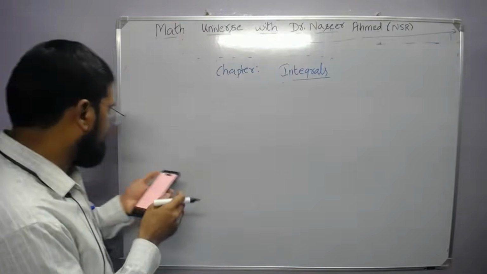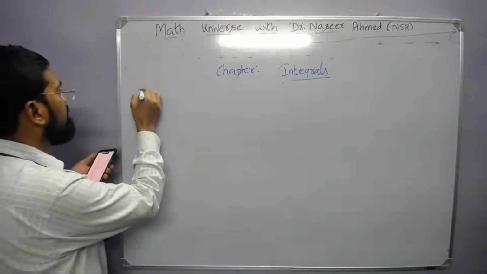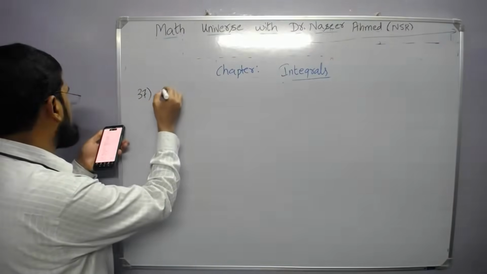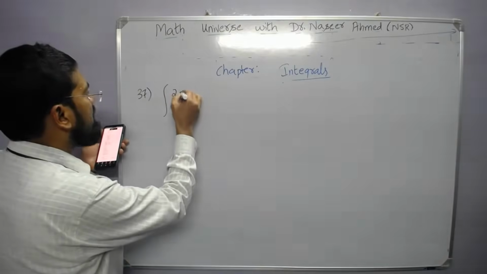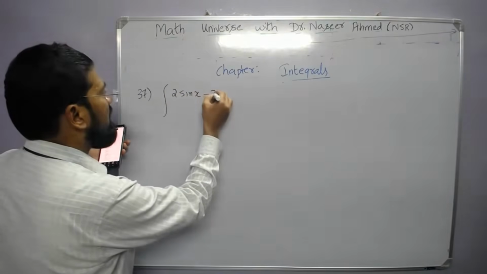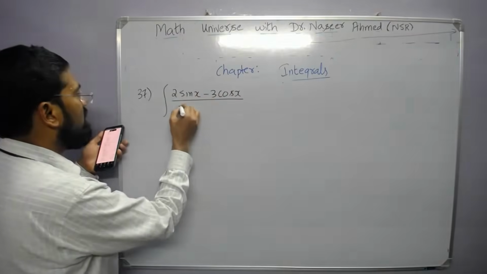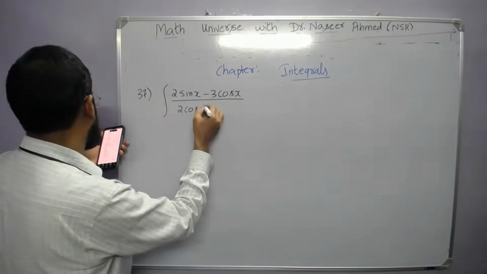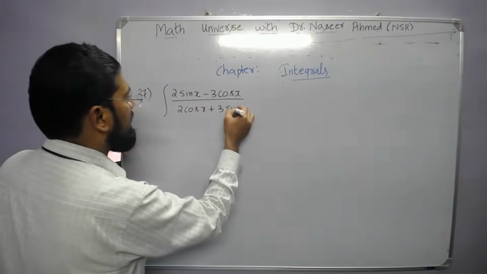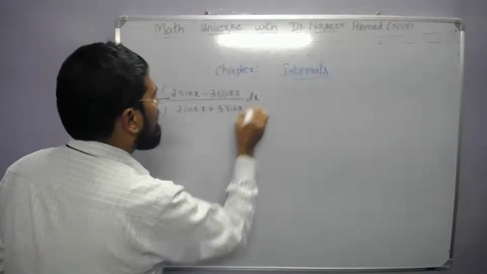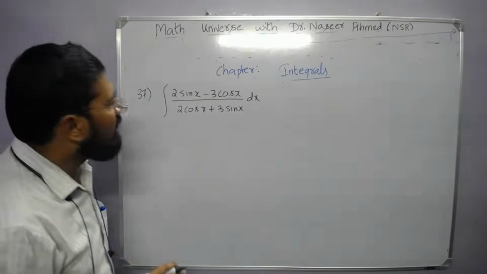Now, see this question number 37. It says integration of 2 sin x minus 3 cos x divided by 2 cos x plus 3 sin x. I want the integration. Just see carefully.